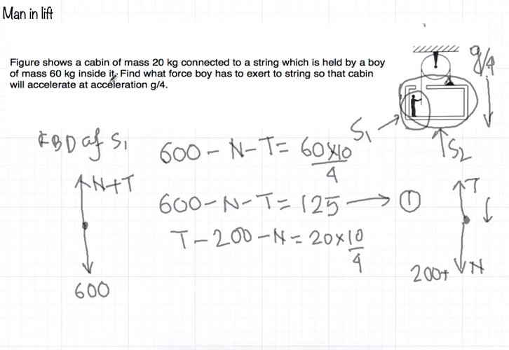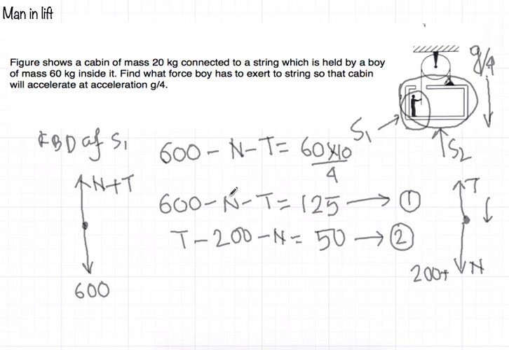So this is 200 by 4, which is directly 50. Here you go.